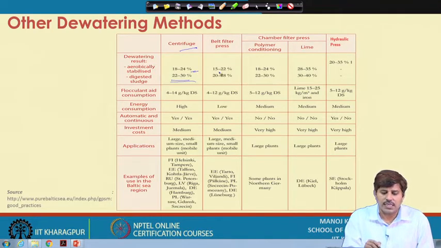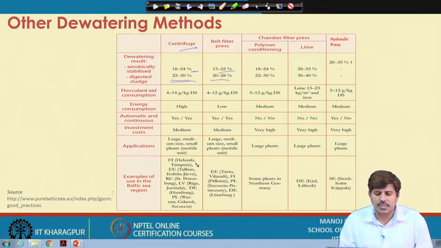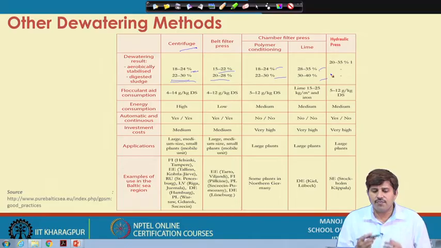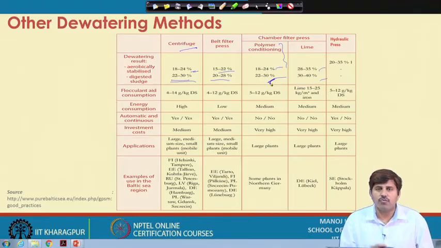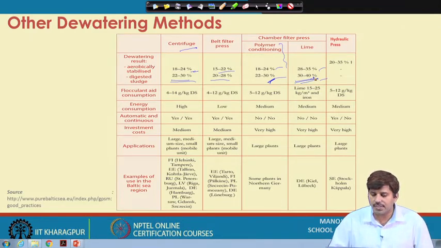Belt filter presses can bring from 15 to 24, up to 30%. Then chamber filter presses have similar performance. With polymer conditioning, chamber filter presses will let you dewater up to 30% solid content, whereas lime can have more effective results, producing up to 40% solid content.